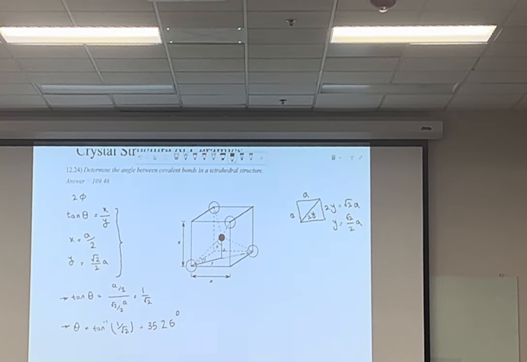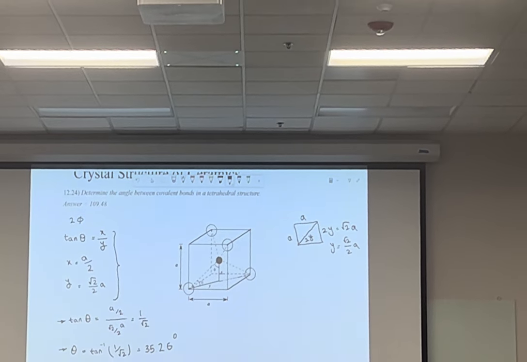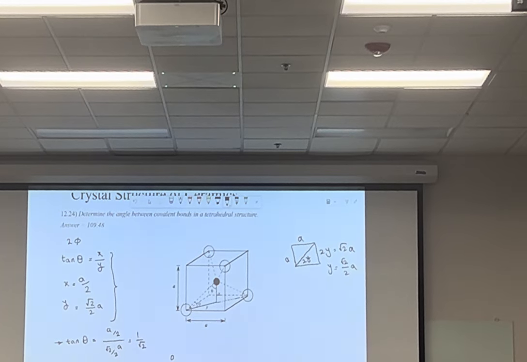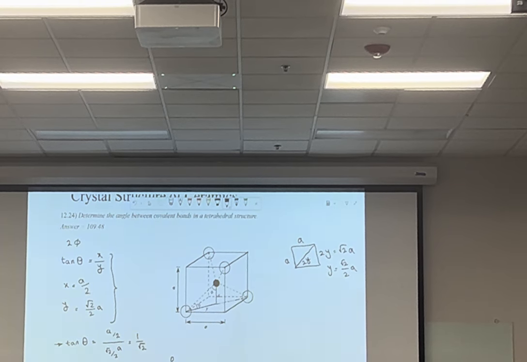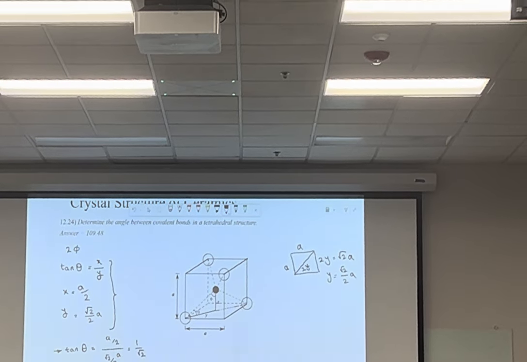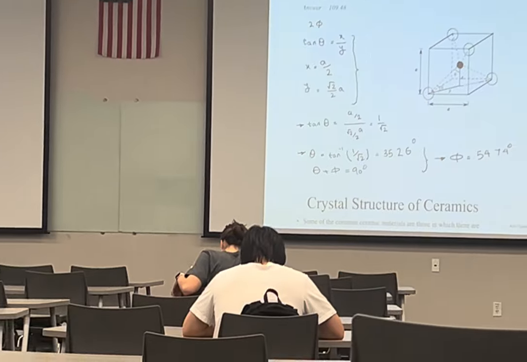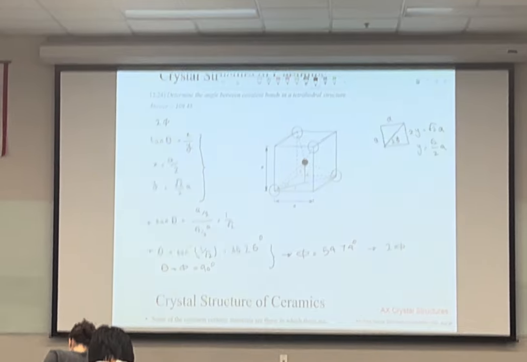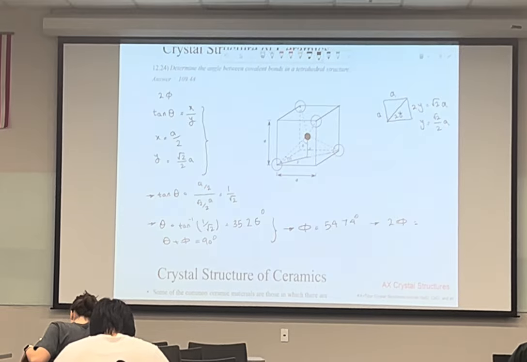In that triangle there, we have the angle, and then we just add the angles between these bonds here.